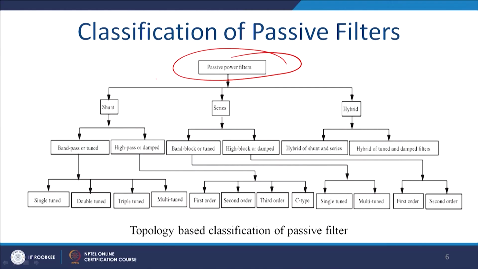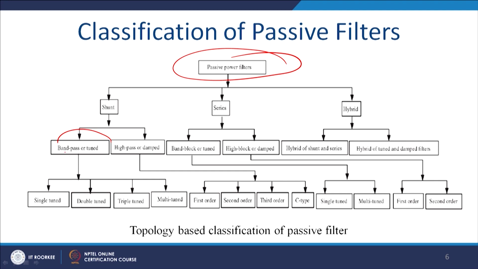So, this is the overall classification of the passive filters. Passive filters are based on shunt, series and hybrid. Shunt, you can connect in parallel to the load, then it is shunt, and generally the most dominating one is shunt.